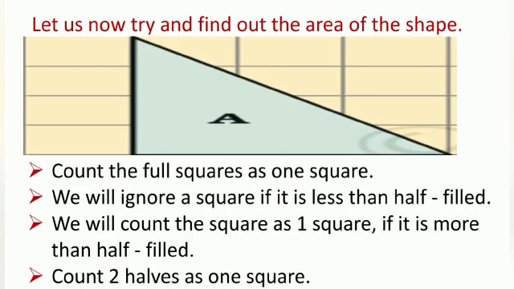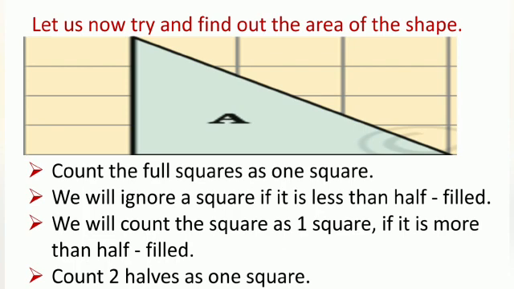Let us now try and find out the area of the triangle A given in this grid. To find the area of this triangle, we have to keep certain points in mind. First, count the full squares as 1. Each square is of side 1 centimeter.